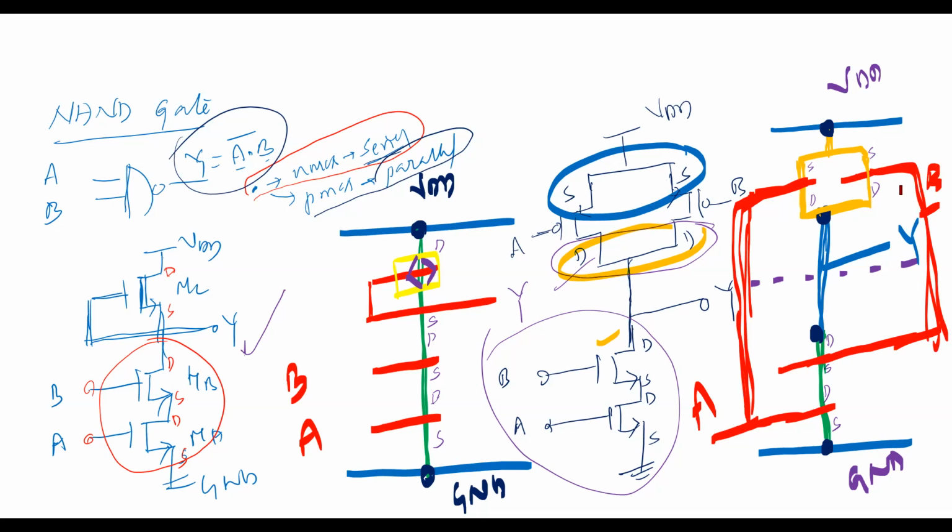Yes, sir. I think you can draw in a different way also, no problem. So A transistor, B transistor. This is the bottom one, the two NMOS transistors. Above are the two PMOS transistors. Any doubts, please, students? No, sir. Understood.